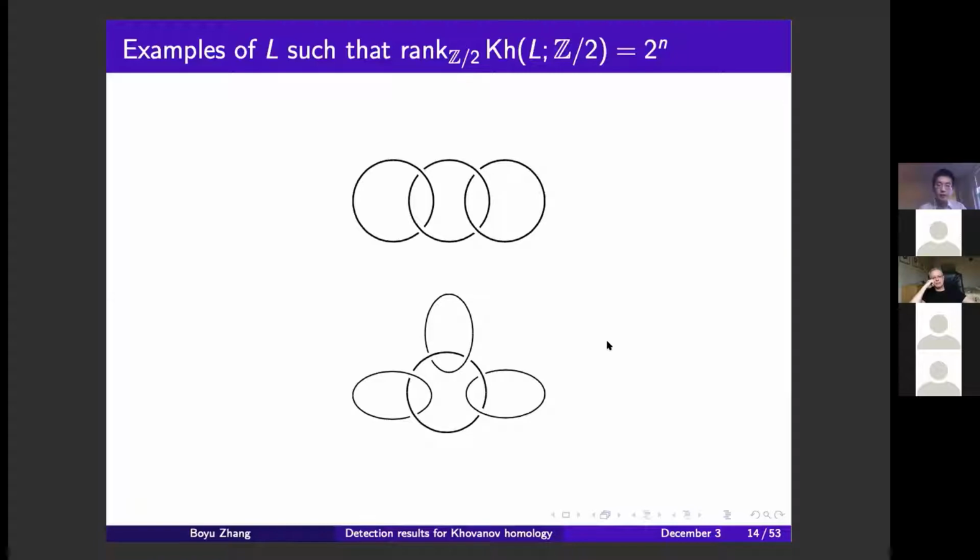In the earlier paper of Baldwin and Sivek, they wrote a computer program to compute the Khovanov homology of a big family of links. And from that computational evidence, they conjectured that actually all such links that achieve the lower bound on the rank of Khovanov homology should be given by this construction.